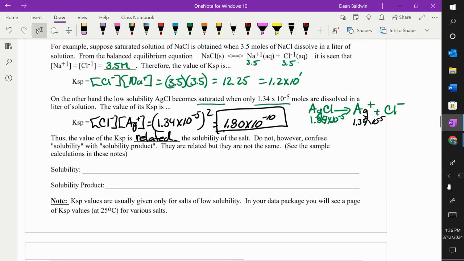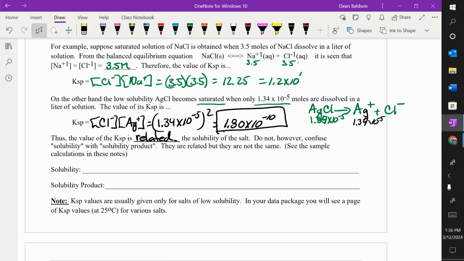So if I said, what is solubility? Can anybody give me a definition or what you think would be a definition? If I just said, what's the solubility of salt, sodium chloride? It's the amount in grams or moles that you can dissolve in a certain volume to get a saturated solution. That's the definition of solubility. All right.